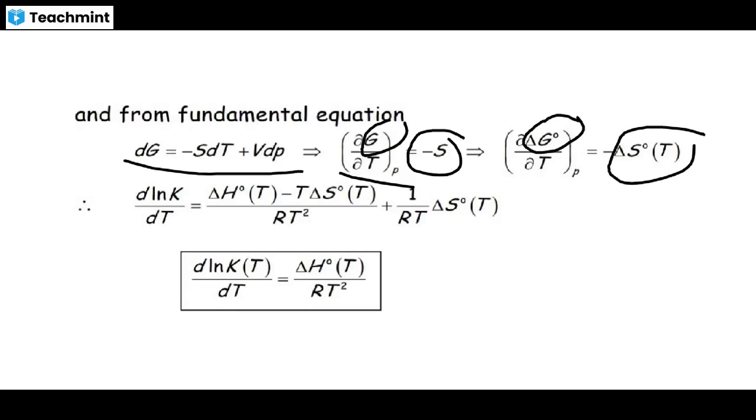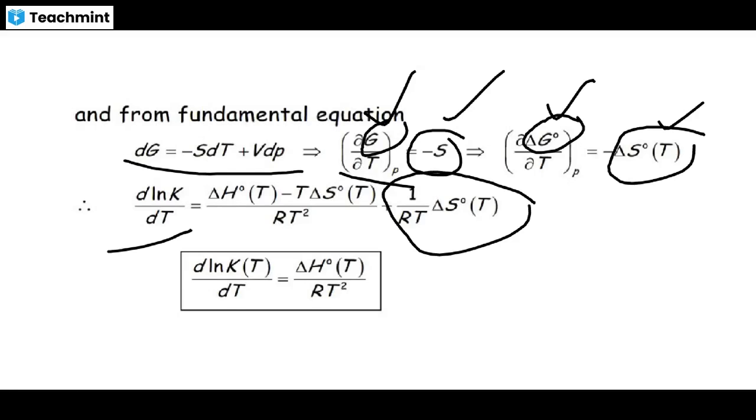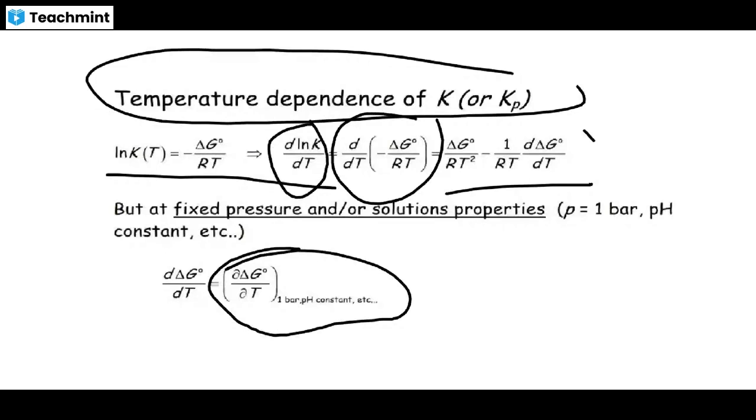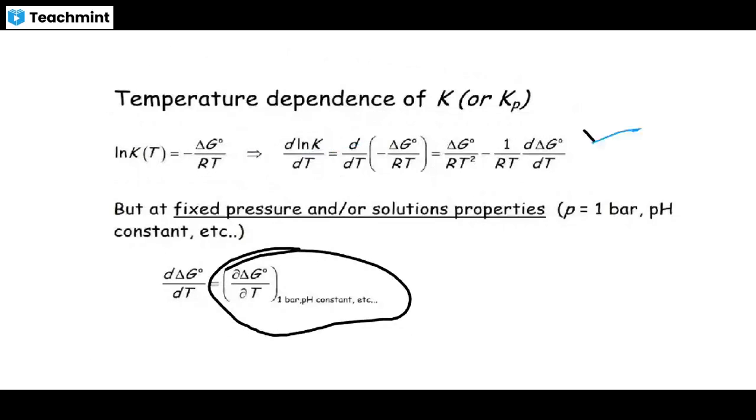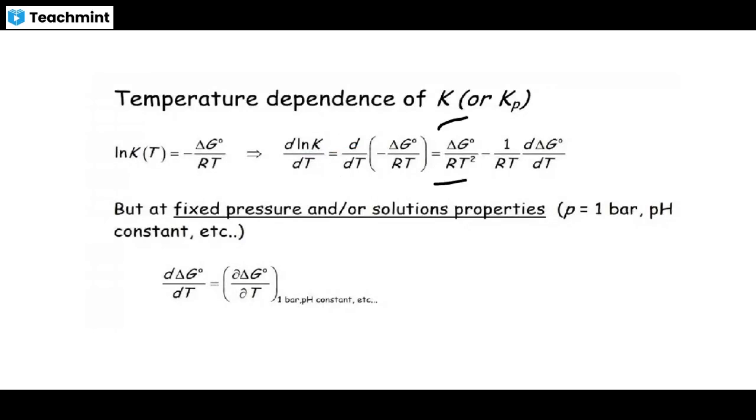For the change in Gibbs free energy, this becomes delta S. Normal Gibbs free energy gives S; change in Gibbs free energy gives delta S. d ln K by dT is equal to the same. Just putting this in, if you see the equation, this is delta G, the delta G standard.